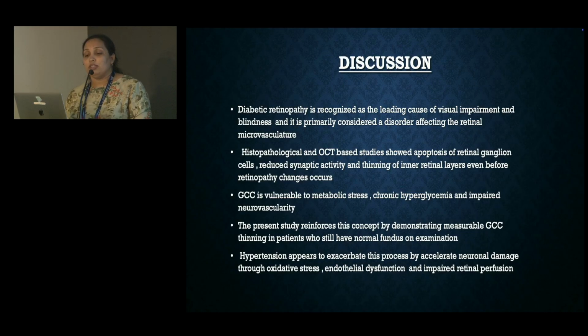Ganglion cell complex is vulnerable to metabolic stress, chronic hyperglycemia and impaired neurovascularity. The present study reinforces this concept by demonstrating measurable GCC thinning in patients who still have a normal fundus on examination. Hypertension appears to exacerbate this process by accelerating neuronal damage through oxidative stress, endothelial dysfunction and impaired retinal perfusion.